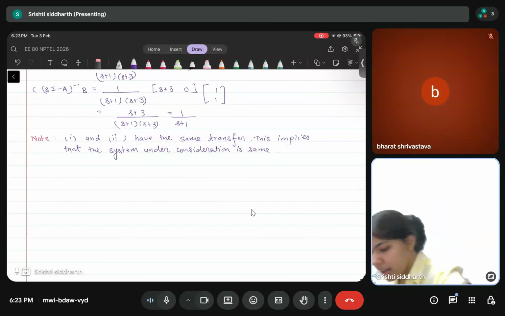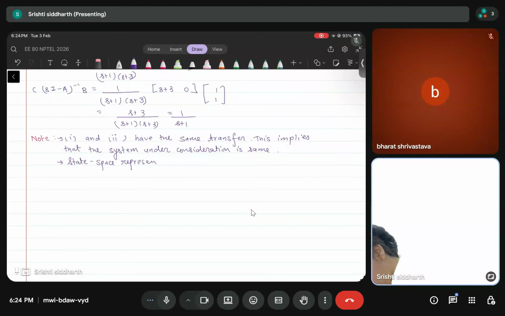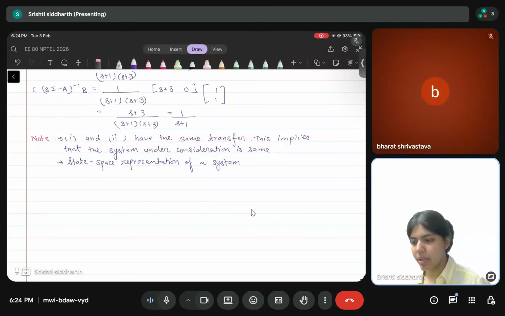And note again that the state space model is not unique. The state space representation of a system is not unique. As you have just seen, we have two different state space representations of the same transfer function.